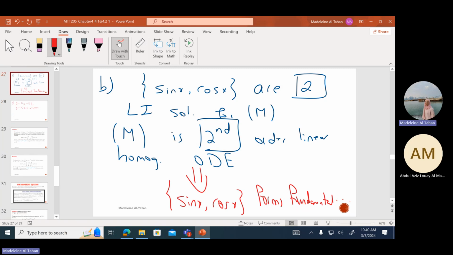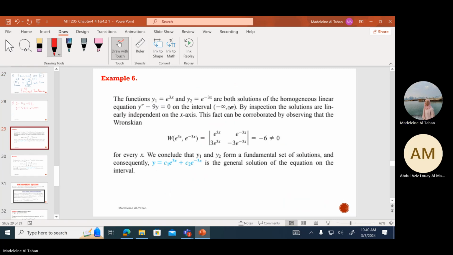Another one. Can you try this one? Here the equation is y'' minus 9y. I need from you first to prove that these are linearly independent, that they form a fundamental set of solutions, and then find the general solution. The first is e^(3x), and the second one is e^(-3x).